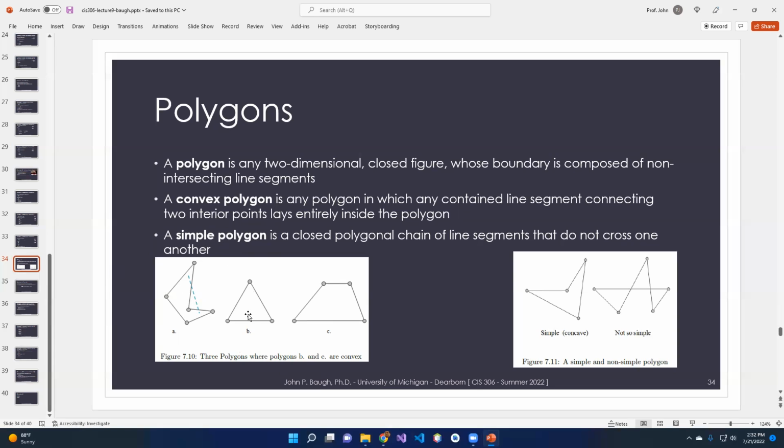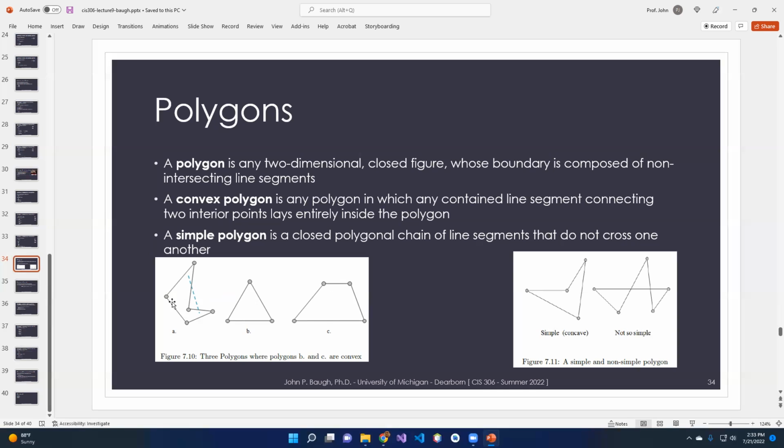The reason we know this is if you go to any 2 points inside B or C and you connect the line between them, it never intersects any of the edges of the polygon or anything else. It's entirely contained inside the polygon. But if you can find any counterexample, then it is not a convex polygon.